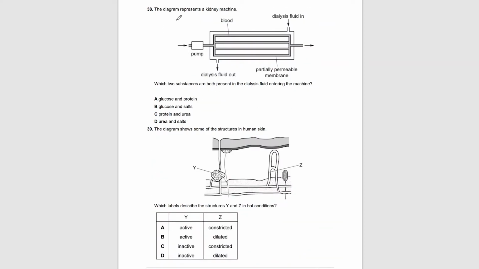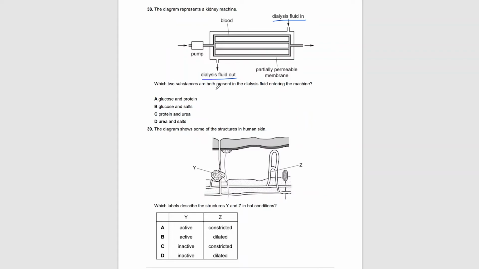38. The diagram represents a kidney machine. Which two substances are both present in the dialysis fluid entering the machine? Dialysis machines are used to excrete the urea or to replace the kidneys. So the dialysis fluid should contain those substances that we need in the blood and should not contain those substances that we do not need in the blood, such as urea.